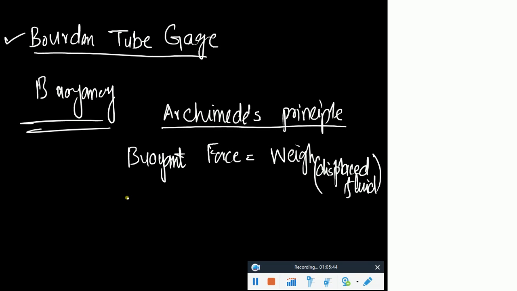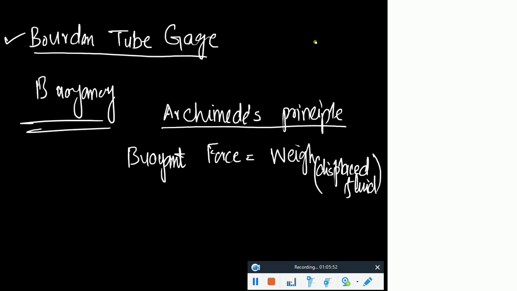Okay, so just consider that there is a water body. Weight of the displaced fluid. For example, if you put an object inside the water body, it has some volume, and you would multiply that volume with the rho of the fluid. That's what Archimedes' principle is, to find the total buoyant force.